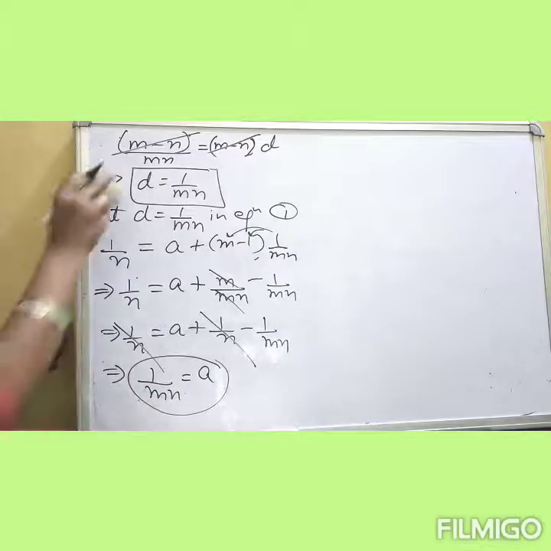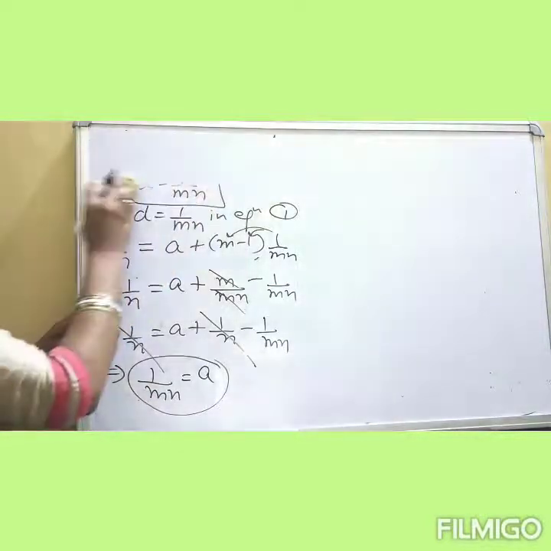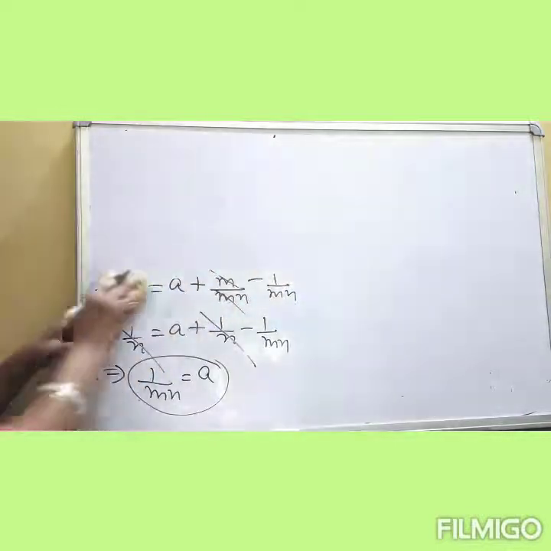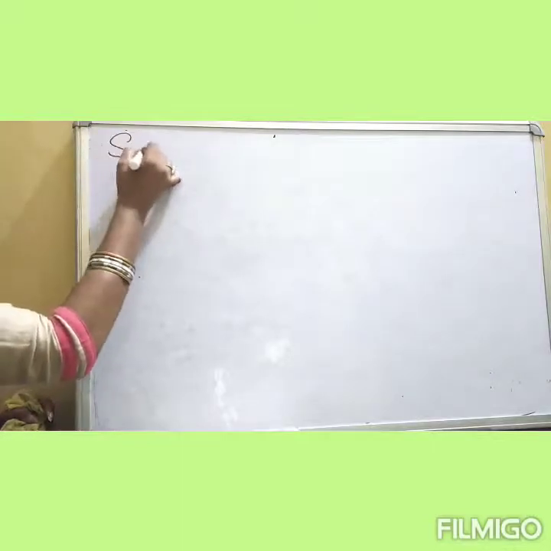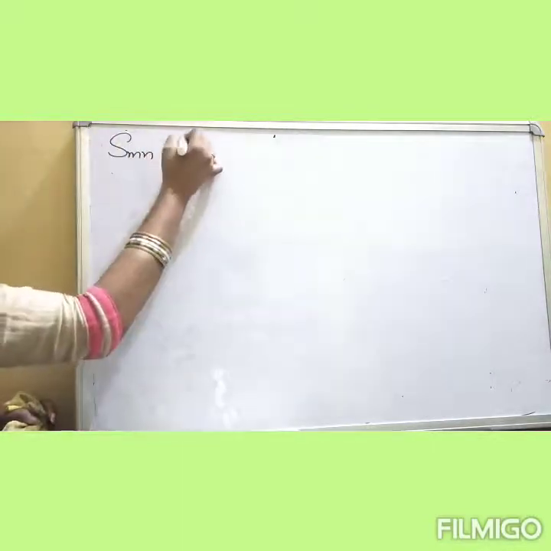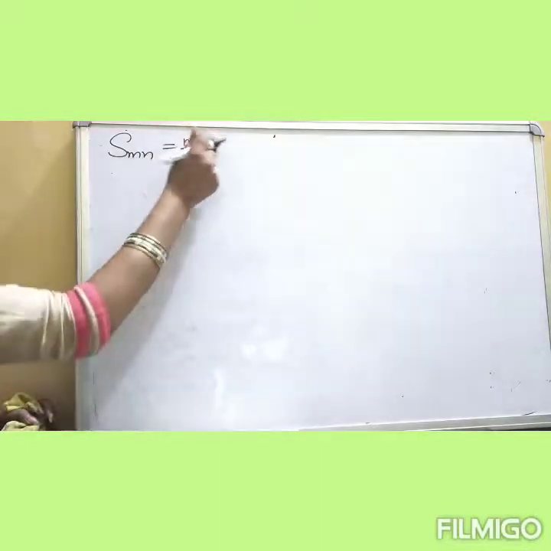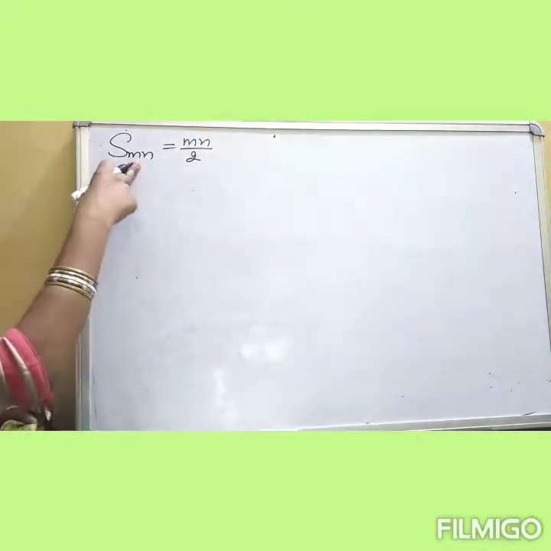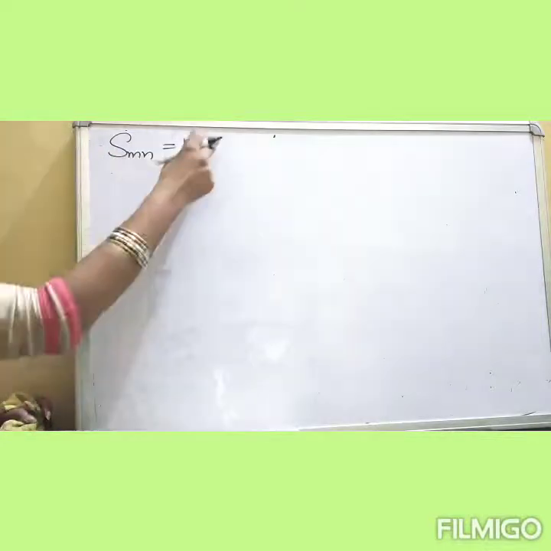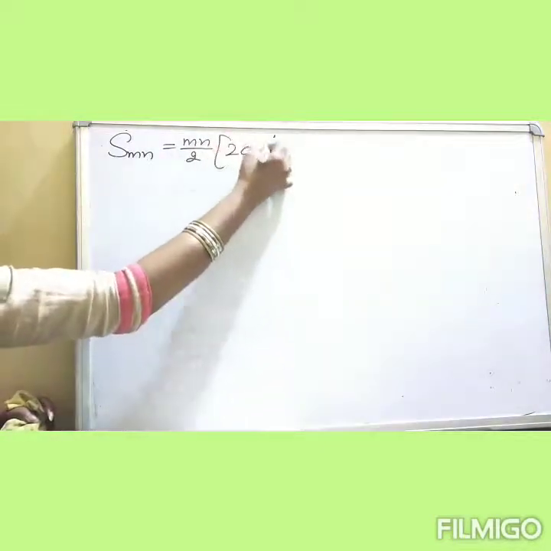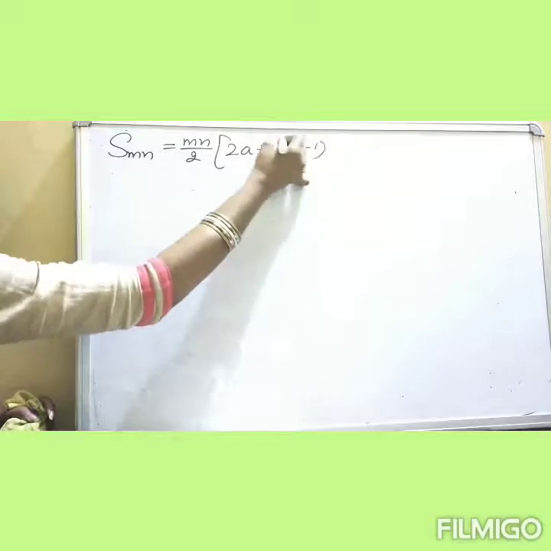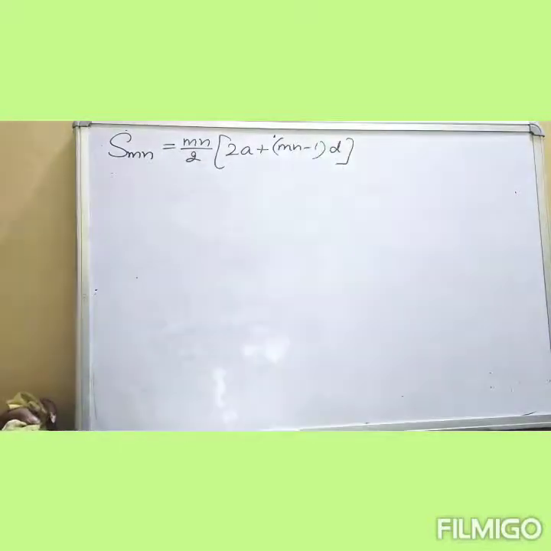Now in the question we have to find the sum of mn terms, and we have to show that it equals what is given in the question. Now S of mn is mn by 2; in place of n here we have mn, that's why we will write it as mn by 2, into (2a plus (mn minus 1) into d).